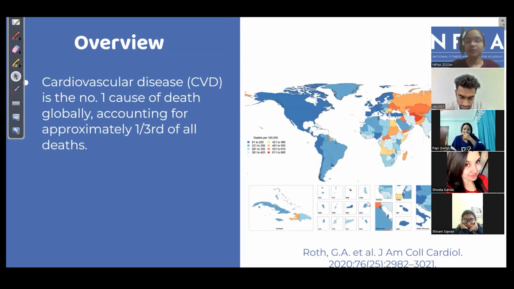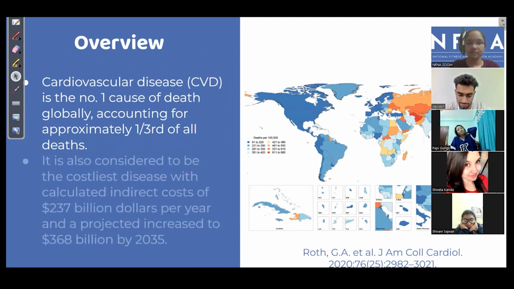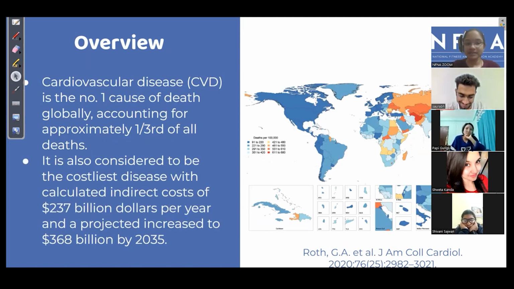Cardiovascular disease is the number one cause of death globally, accounting for approximately one third of all the deaths. And it is also considered as the costliest disease because the treatment and everything costs comparatively a lot compared to the other things. So basically, it not only puts the burden on the individual, but also on the entire system.